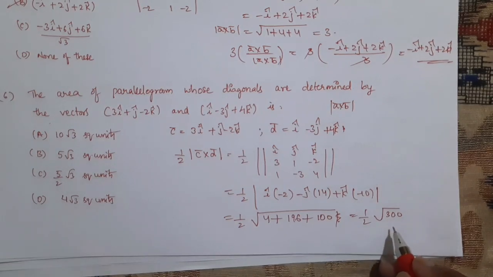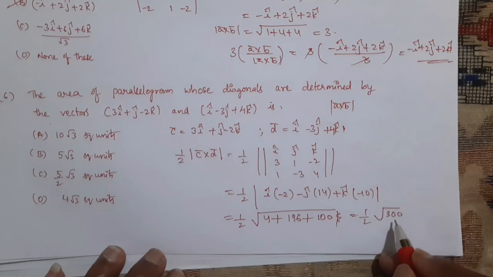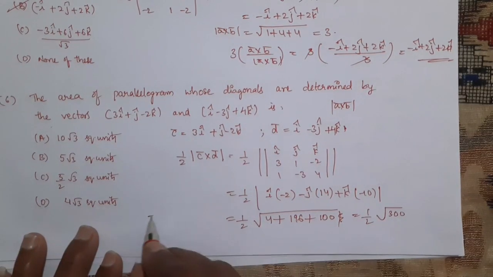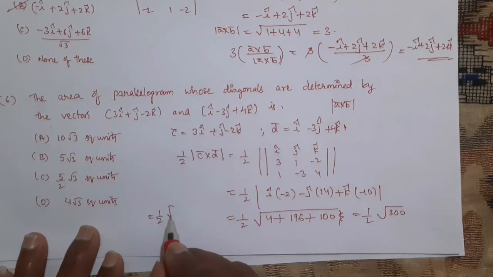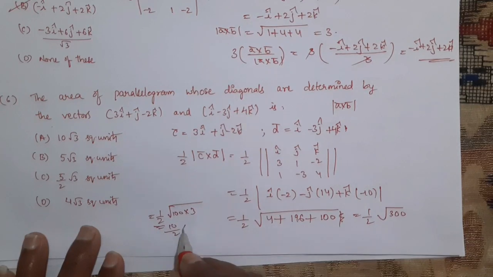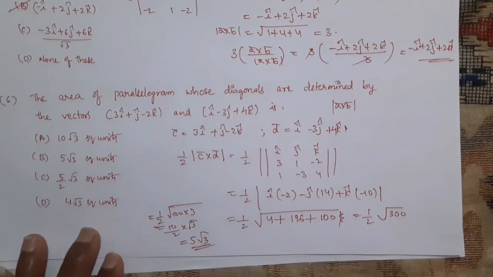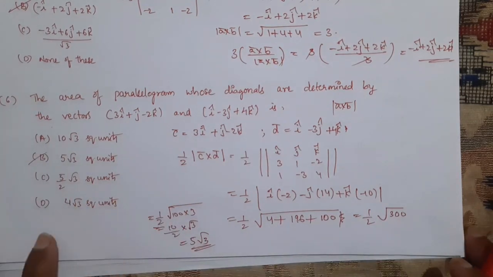This one we can write as 100 into 3, 100 means 10 we can write outside. So this one we can write as square root of 100 into 3, which means 10 into root 3 by 2. So which is 5 root 3, the correct answer. Okay.